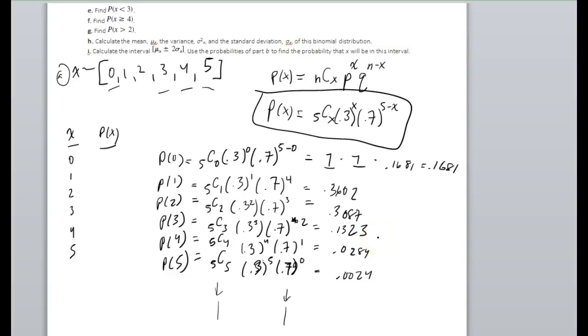Okay, so we've calculated the possible probabilities for each different x value. So I'm just going to write these over here. As always, I'm going to show you guys multiple ways to do a lot of this stuff.